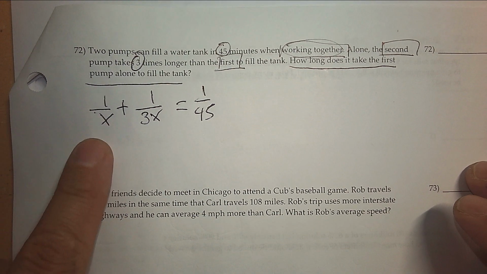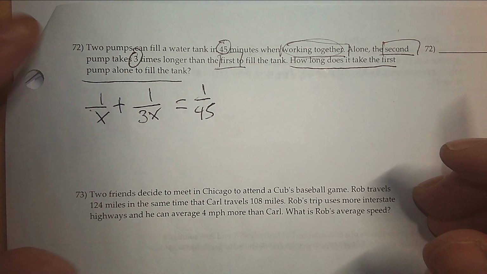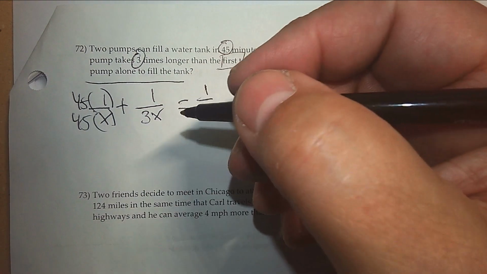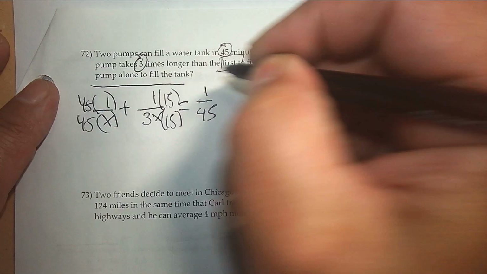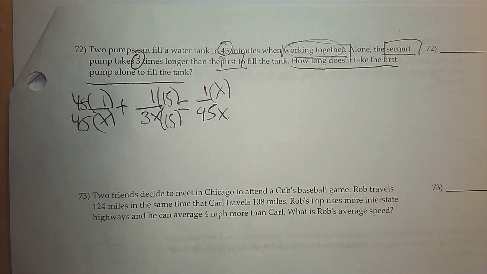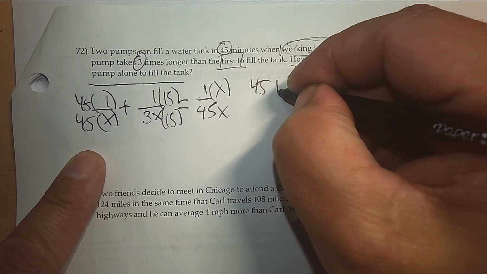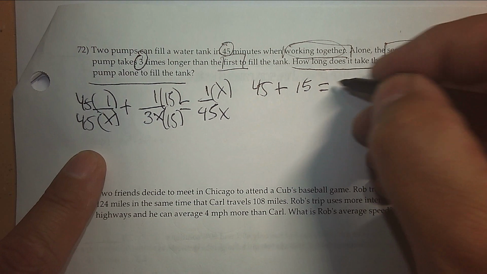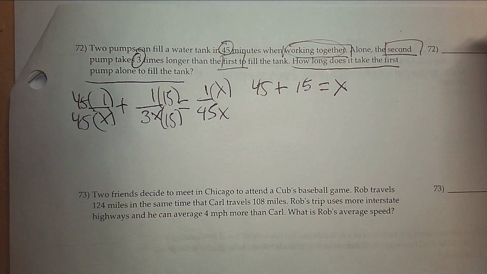X is going to be the fast pump, but times 3 will give me the slow pump. Okay, what's the common denominator? 45. How many times does 3 go into 45? Top and bottom. The last one needs an X. Did I do that okay? So the numerator is 45, then 15, and then it's equal to X. Can you add that?